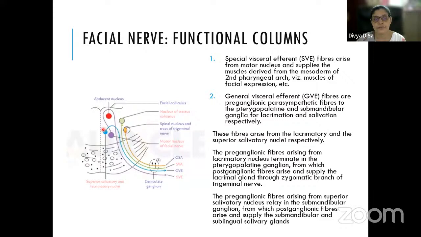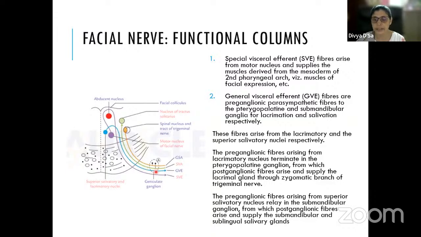Then the general visceral efferent fibers are coming from the lacrimatory and the superior salivatory nucleus. They will be together here. And then the preganglionic fibers arising from the lacrimatory nucleus will terminate in the pterygopalatine ganglion.